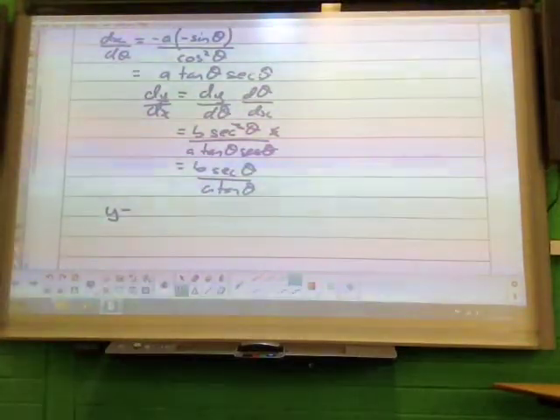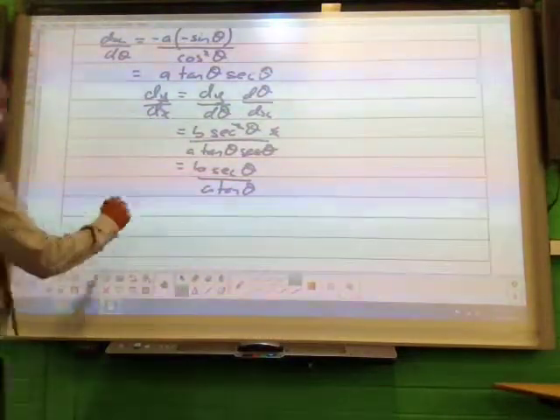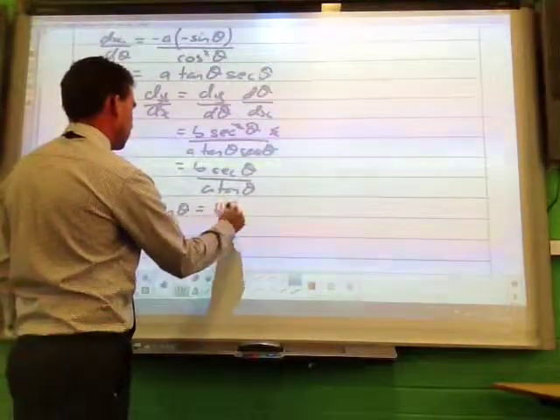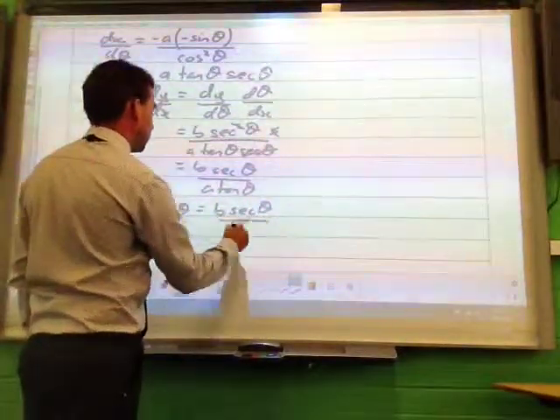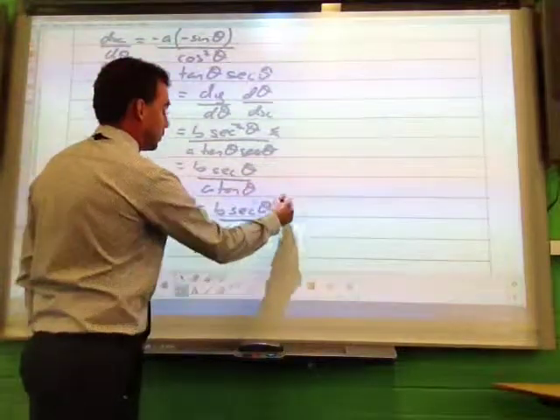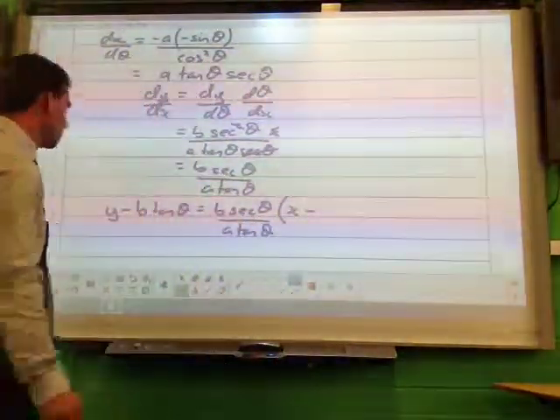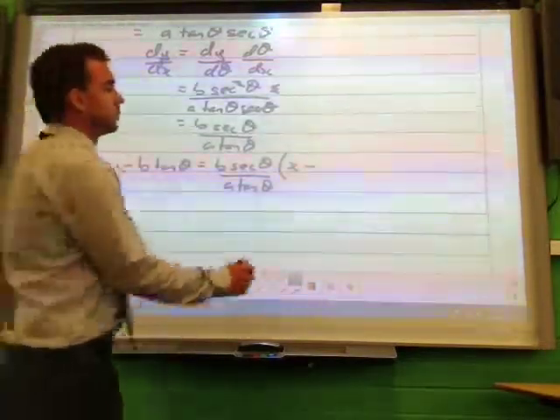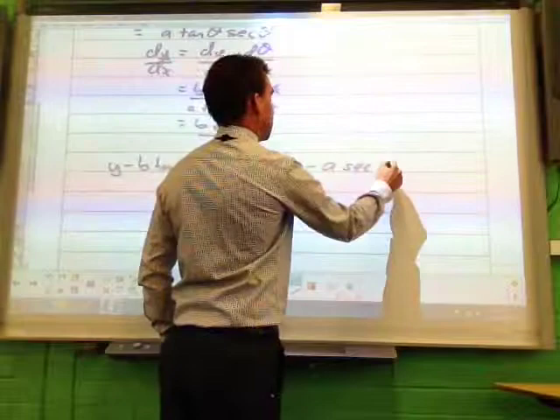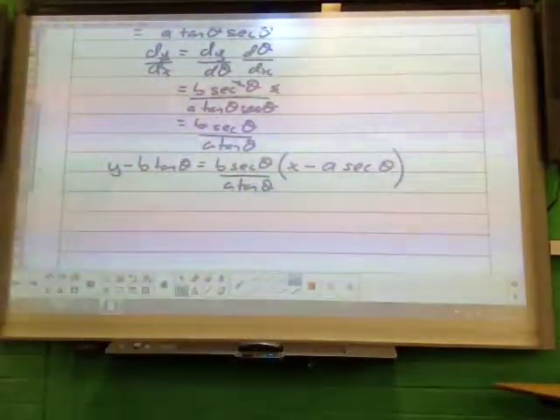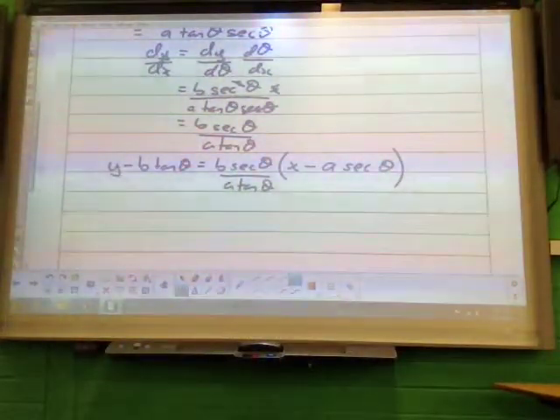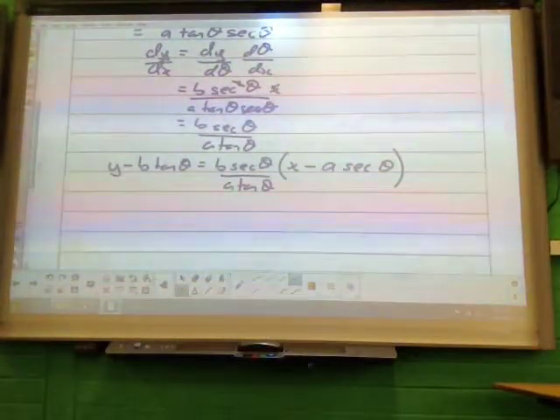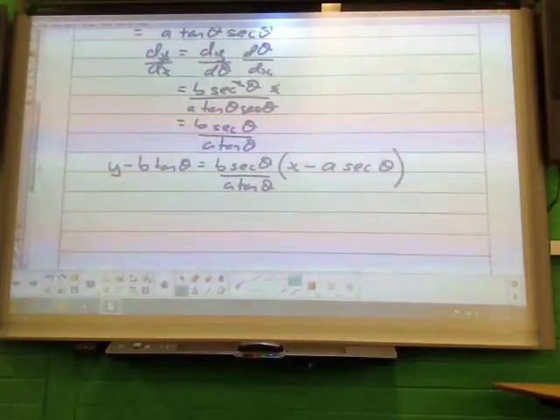Right, substituting into the point gradient formula. You're already given the coordinates, it's in parametric form, so substitute x1 and y1.